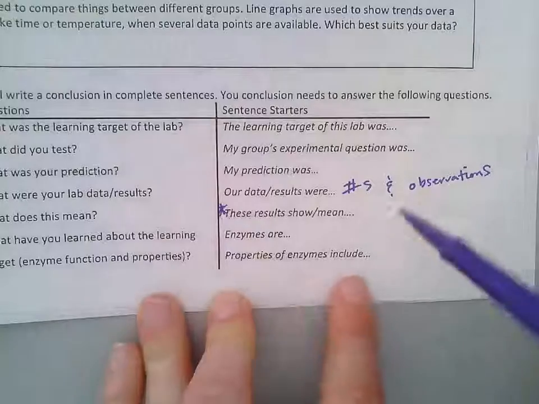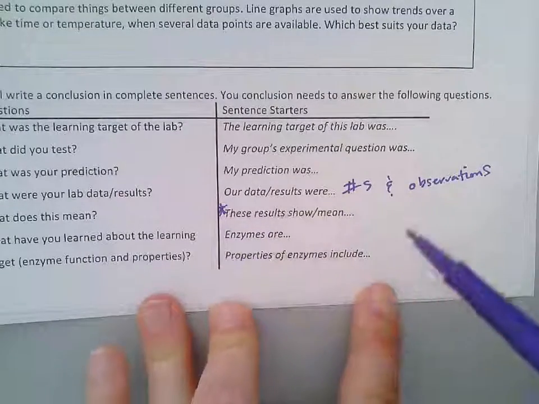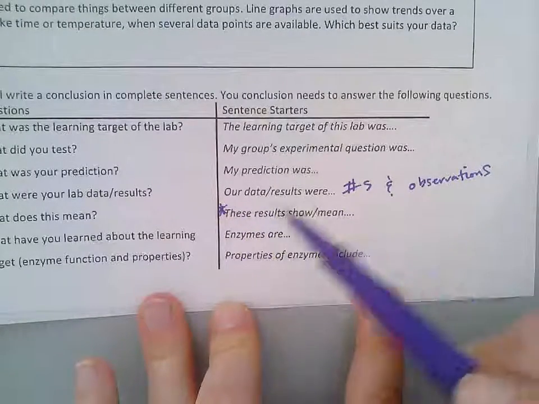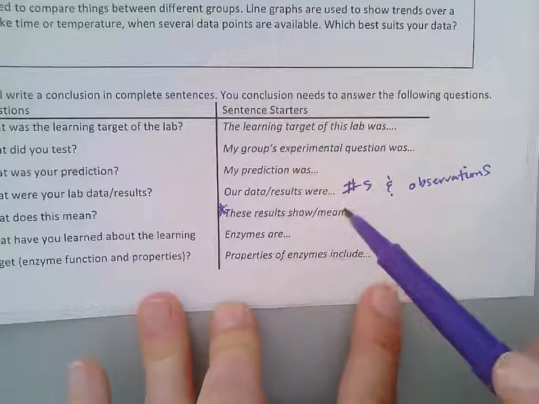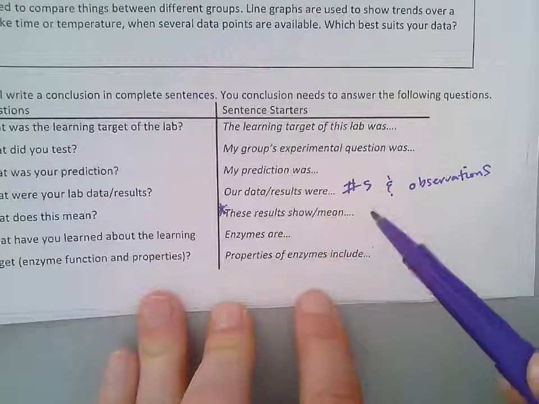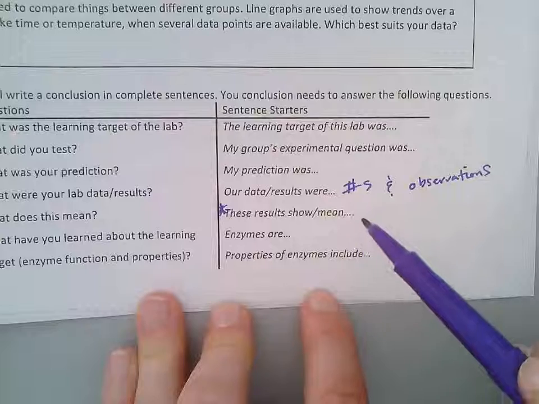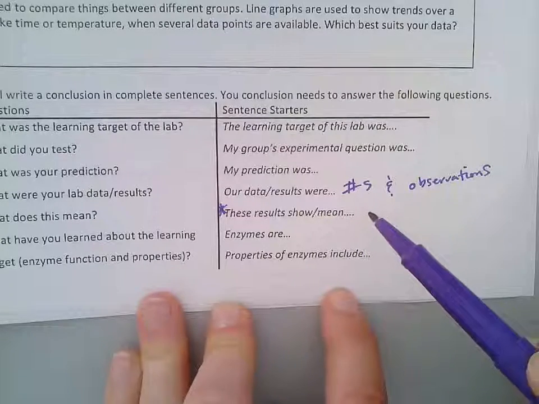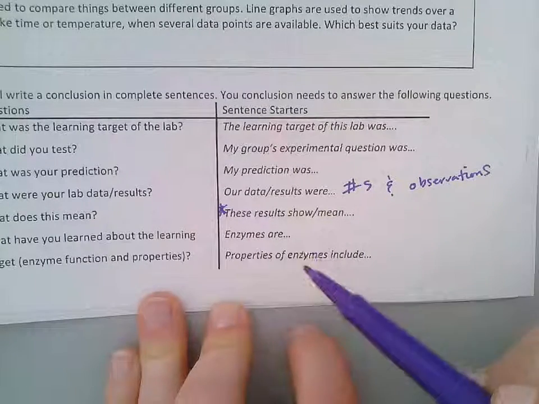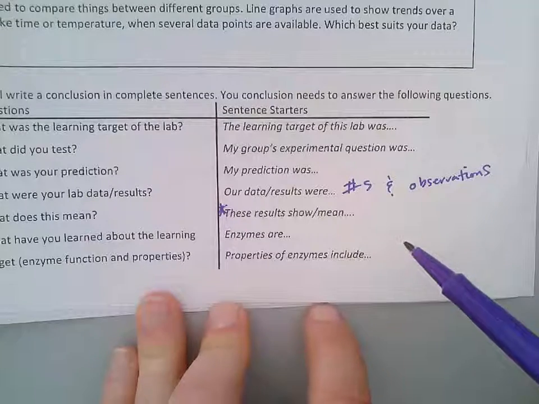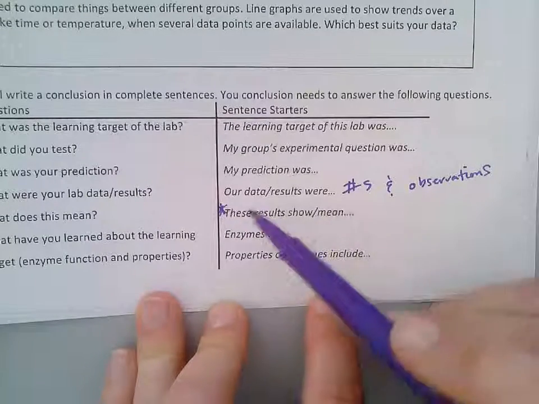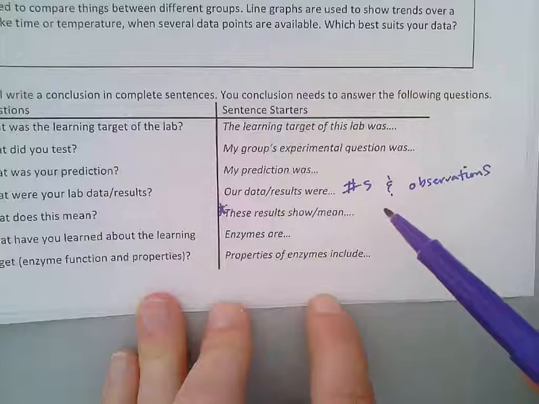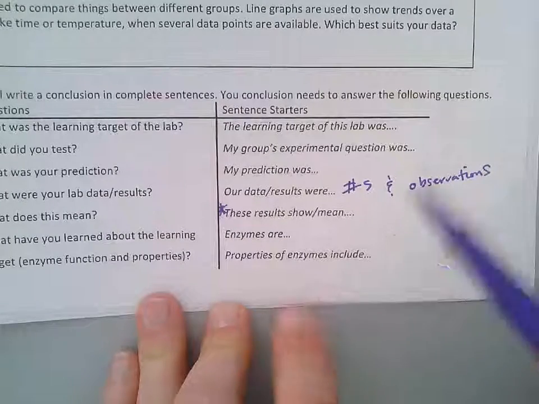But we should include in our conclusion the sources of possible errors and why you think that your information is not consistent with the known properties of enzymes. So don't fret, but always discuss the possible sources of that difference and the possible sources of error.